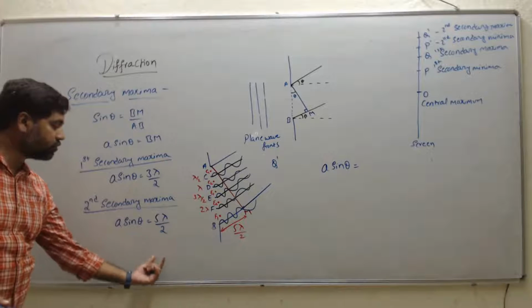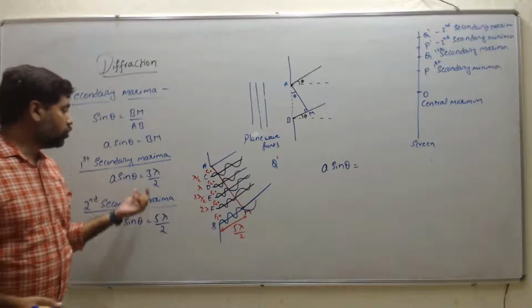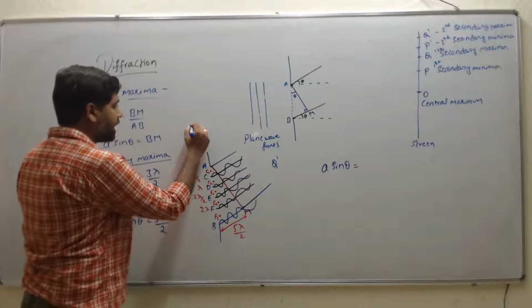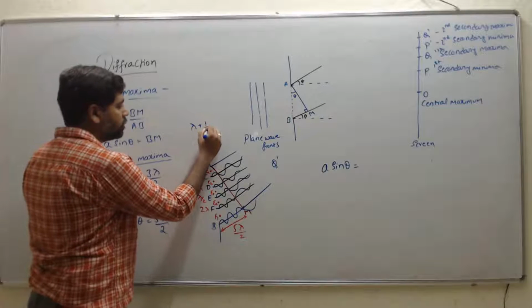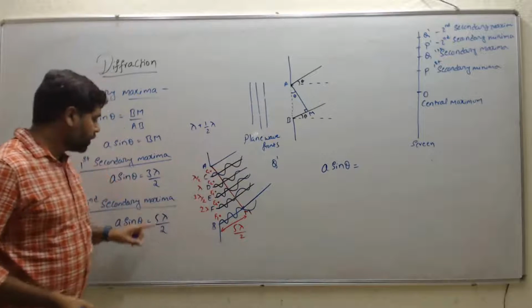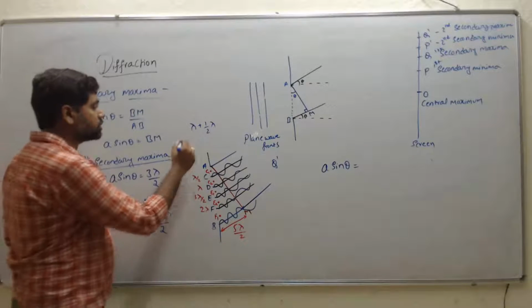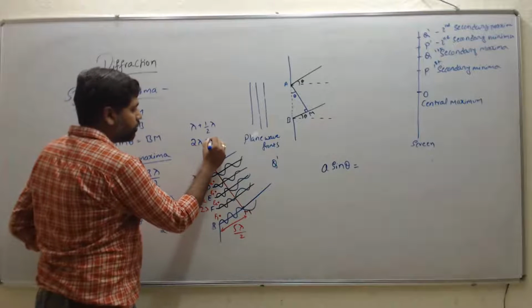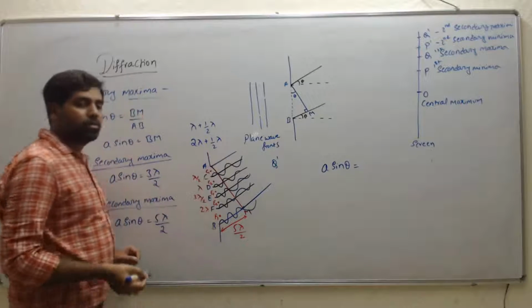If it goes on, the next one is 7 lambda by 2. So 3 lambda by 2 can be written as lambda plus 1 by 2 lambda. Here 5 lambda by 2 can be written as 2 lambda plus 1 by 2 lambda.